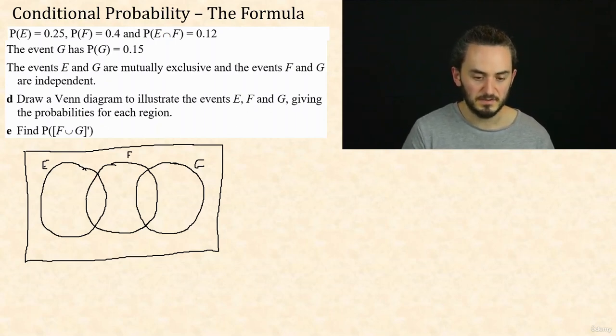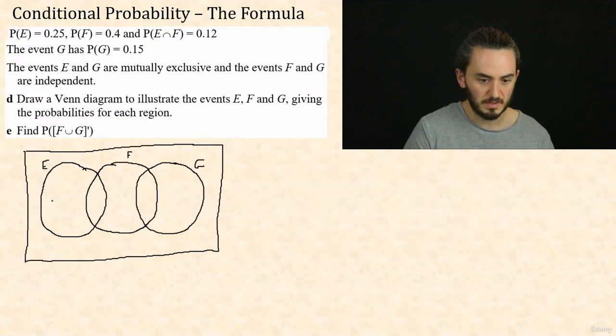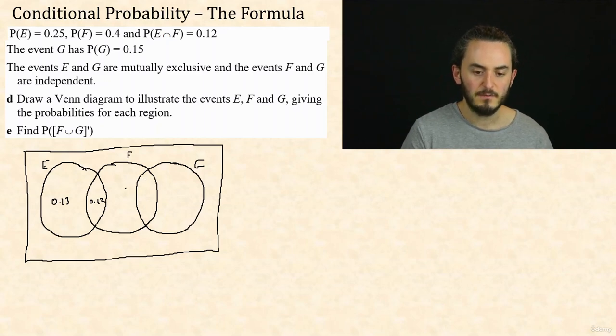Right, I need to fill this in. So I've already done a lot of this hard work, haven't I? If I flip back, I can see I've got 0.13, 0.12. Right, but I can't actually fill this stuff in yet. So how can I fill in the rest of this Venn diagram? Well, I think I can get this intersection.